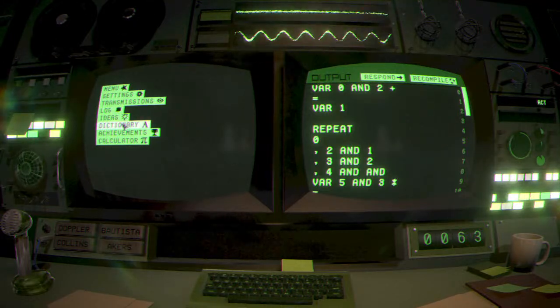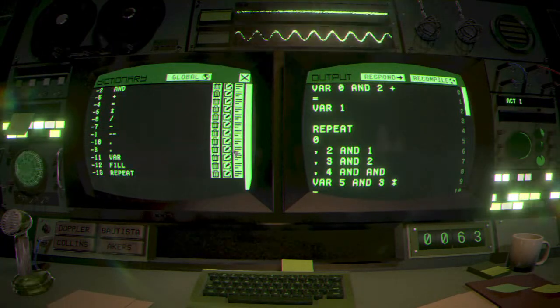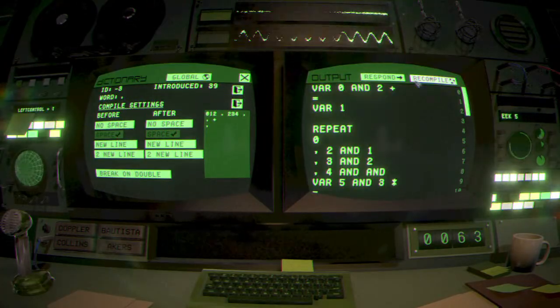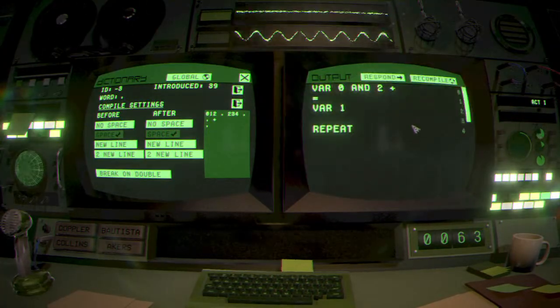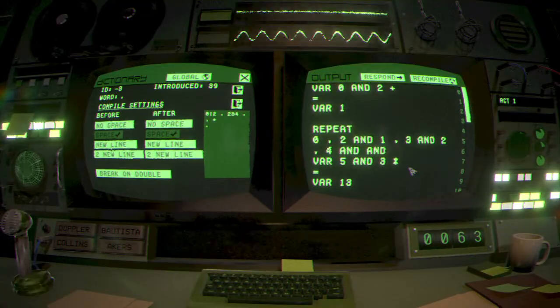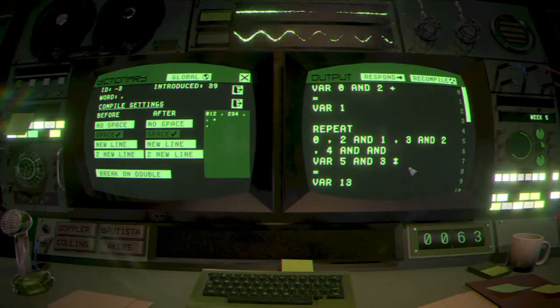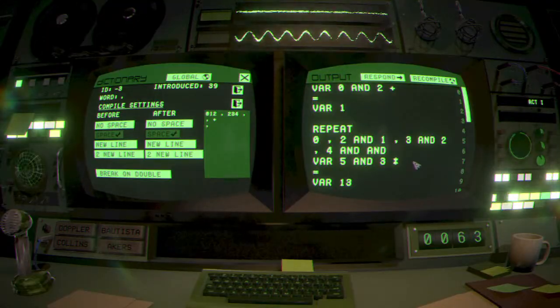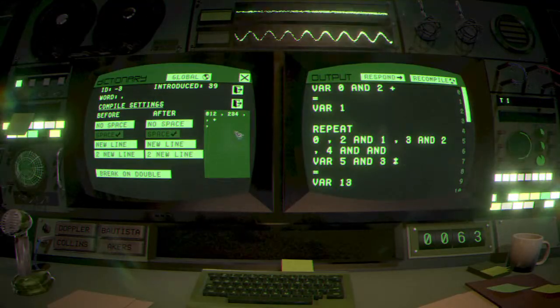Because right now this doesn't look good. If it's space, does it mess up the compiler? Let's see.